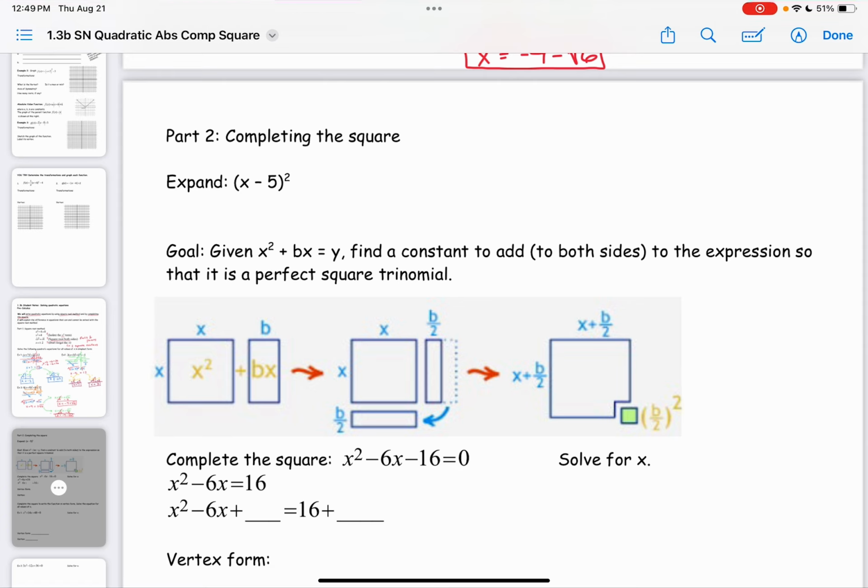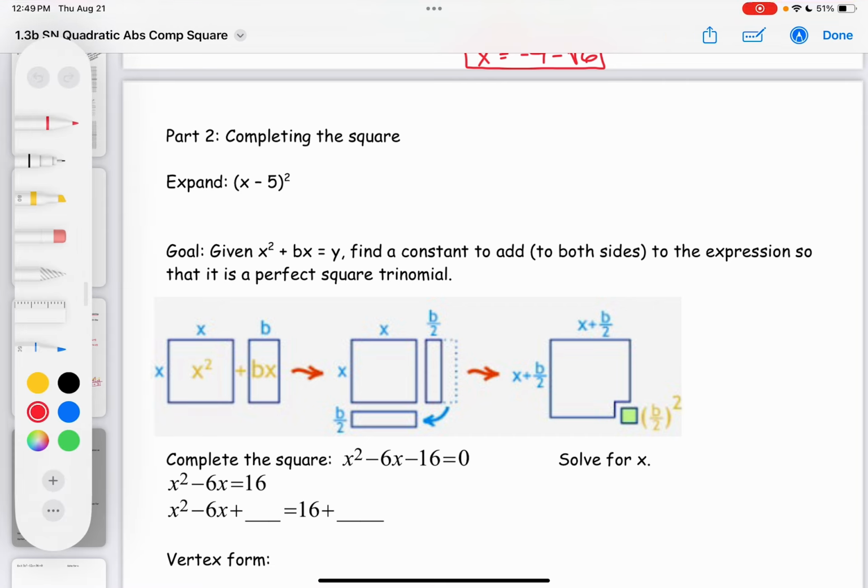The first thing we need to talk about is the 3 forms of the quadratic equation, or quadratic functions, that we can use. The first one is just our standard form.